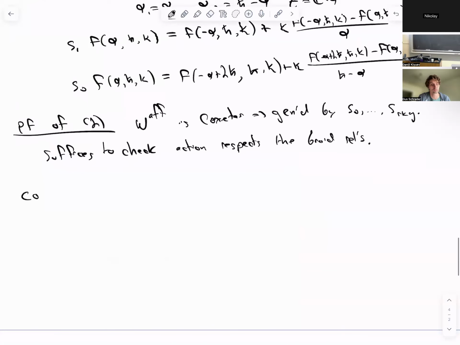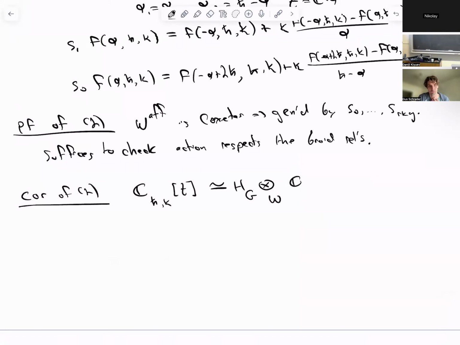Okay, so a corollary. Well, I don't know if it's a corollary or a lemma, but you can say that this polynomial representation is in fact just inducing the trivial rep. We can call this also the PBW theorem for the trig DAHA.